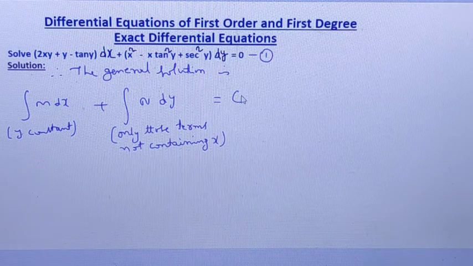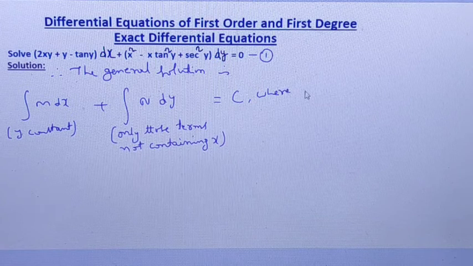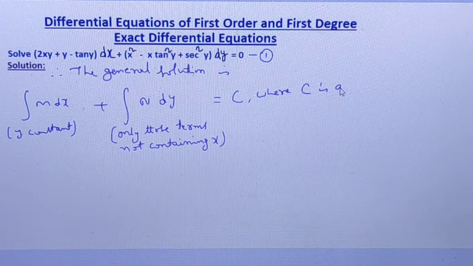What is c? It is a constant of integration, an arbitrary constant.